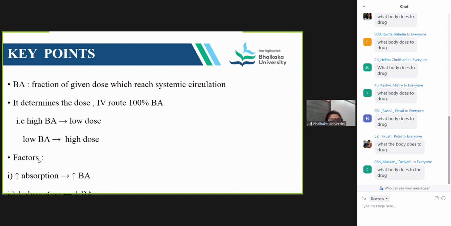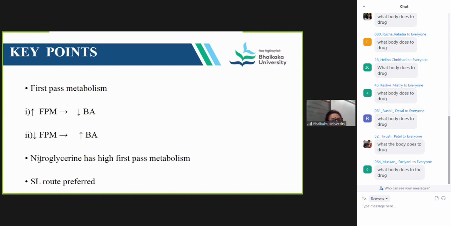So there is a proportion between bioavailability and dose. Increased absorption can lead to increased bioavailability, and decreased absorption can lead to decreased bioavailability. The relation with first pass metabolism is reverse, which I have already told you.